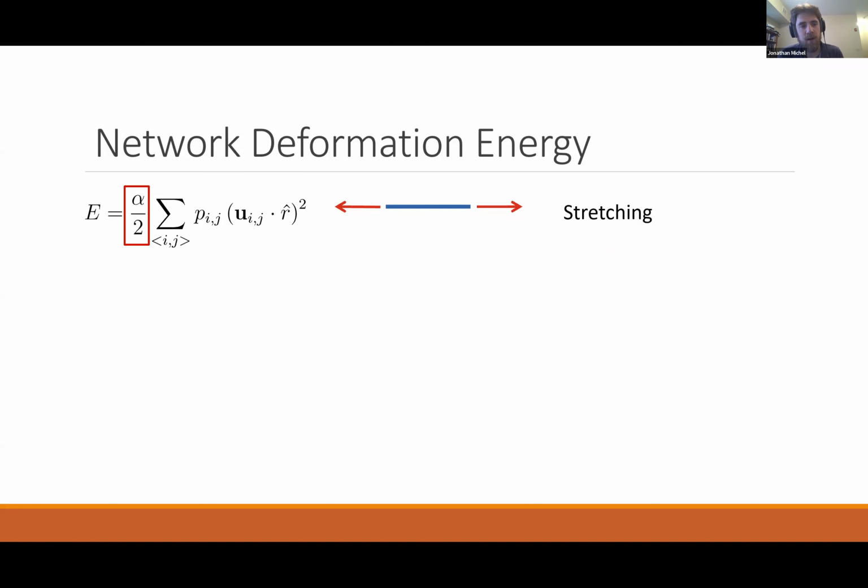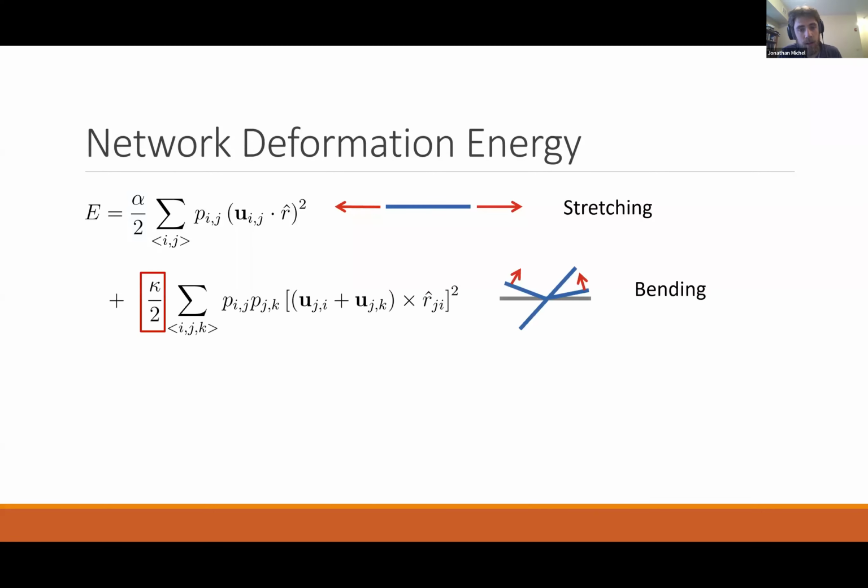So this is just a harmonic penalty on stretching. Here the sum runs over all pairs of adjacent vertices i and j connected by a bond, where p sub ij is 1 if the bond is present, and 0 if the bond is absent.